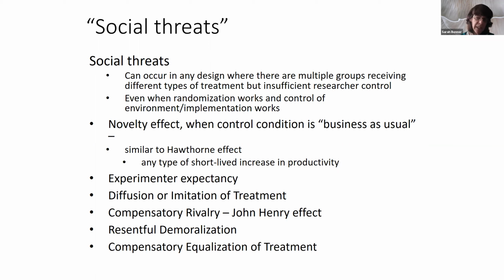But the general idea is that something is going on having to do with people's social understandings of what it means to be in an experiment at all, that is not relevant to the nature of the intervention you're trying to manipulate, but does have a relevant effect on your ability to claim your intervention as the cause, and therefore is a threat to internal validity.